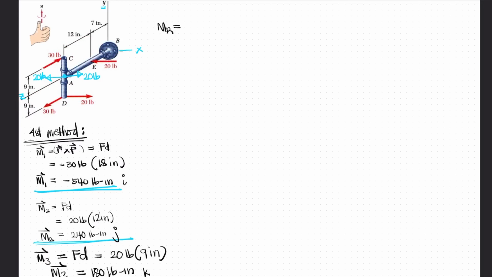So the single couple is negative 540i plus 240j plus 180k, in pound-inch.